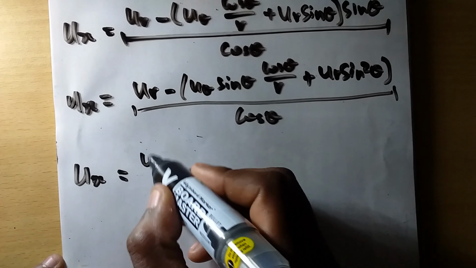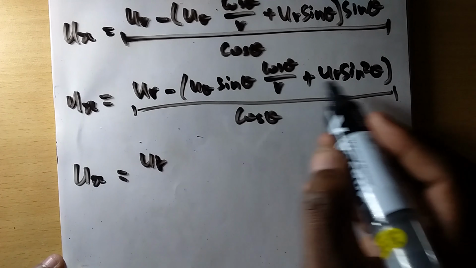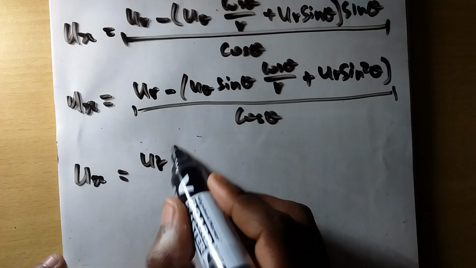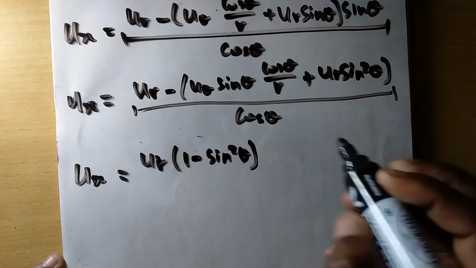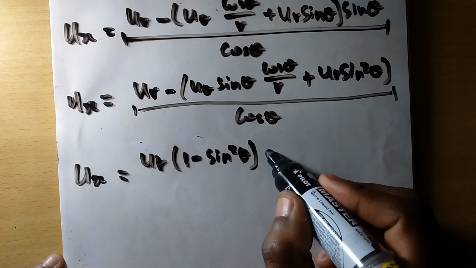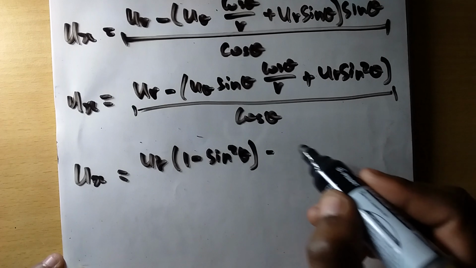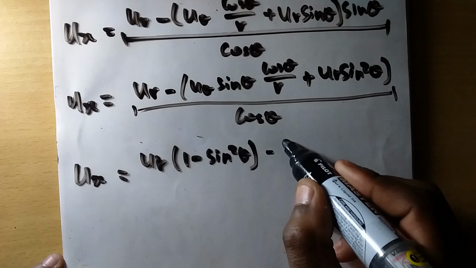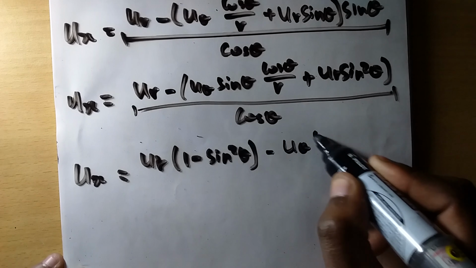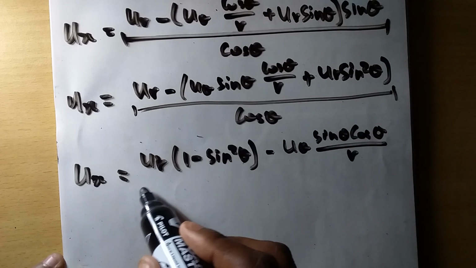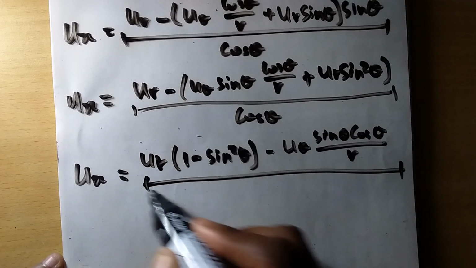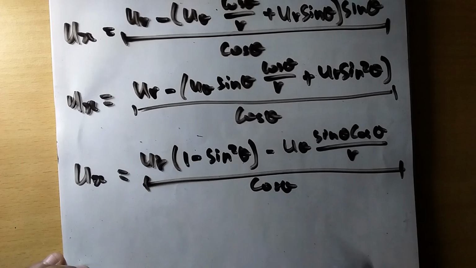So we have 1 minus sin squared θ, and then minus U_θ sin θ cos θ divided by r, and everything is divided by cos θ, and we know that 1 minus sin squared θ is cos squared.